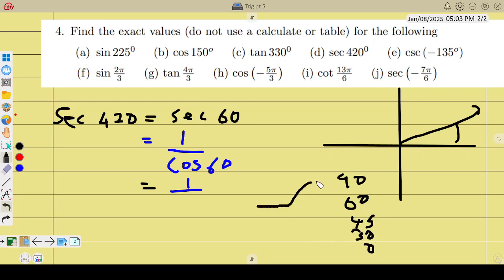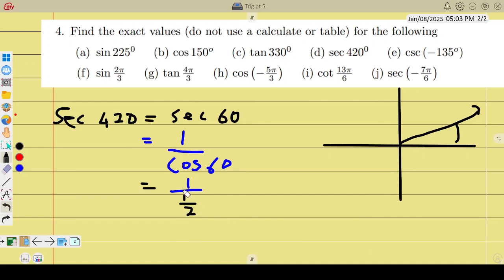This is coming from the rule which we established, the hand rule. It has 5 fingers. So for cos 60, we count the numbers on top of 60. There's only one number above 60. So cos 60 is 1 over 2.